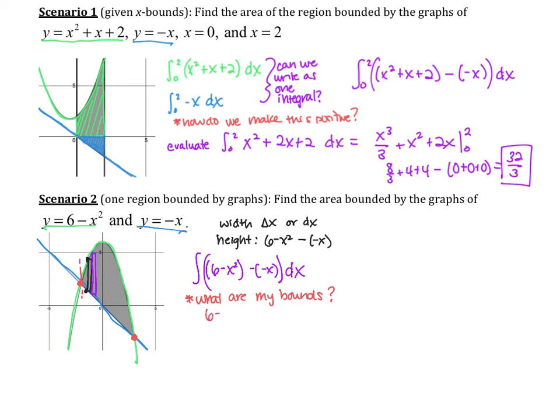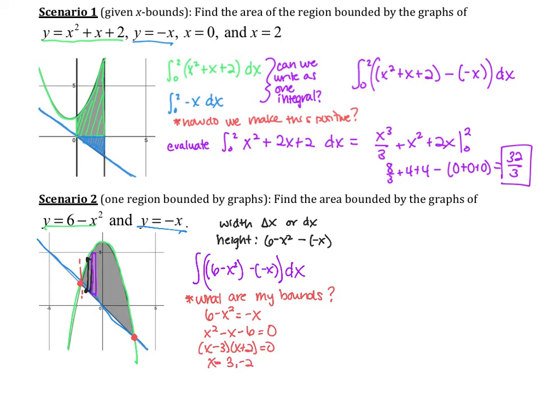So let's do 6 minus x squared equals negative x. Rewriting this, I would get x squared minus x minus 6 equals 0, which means x minus 3, x plus 2 equals 0. So x equals 3 or negative 2.